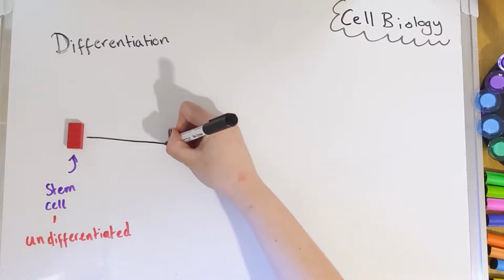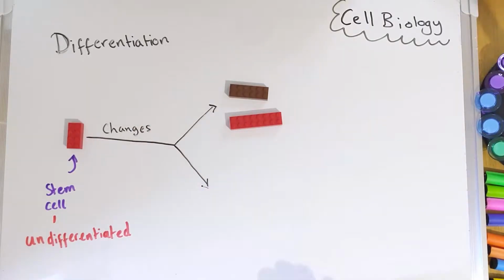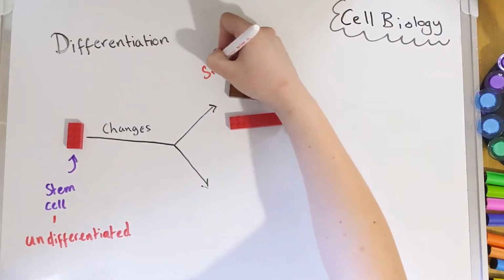When these stem cells undergo change to become specialised, a number of things can happen to them. These changes can happen together or separately, but usually the cell will change in some way. So you can either imagine it changes size, the other thing that will change is that it will start to develop these adaptations, these special features.